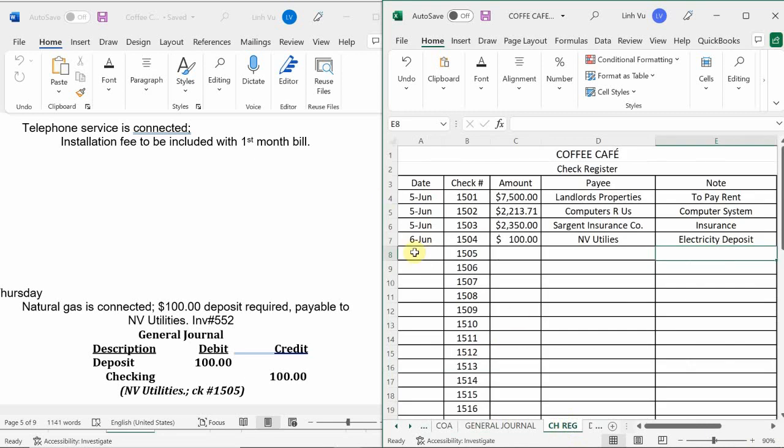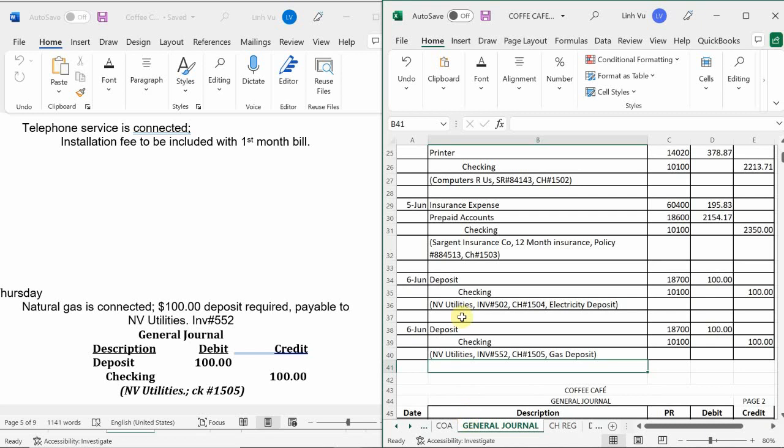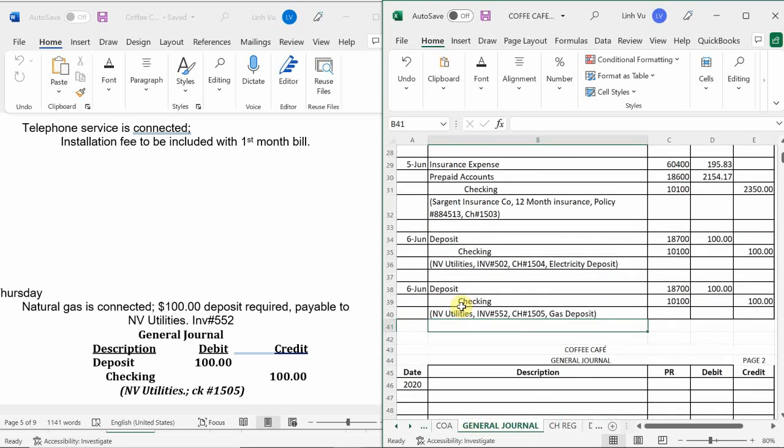So here, check. It is still the 6. We made another $100 deposit to NV Utilities, but this time it's for gas deposit. Okay, so there you go. Now we finish our general journal page 1.